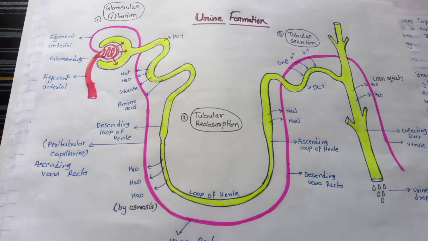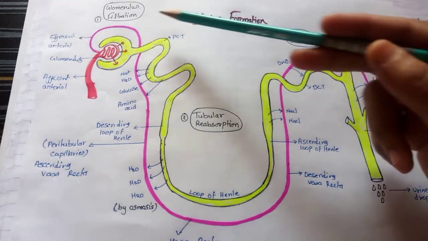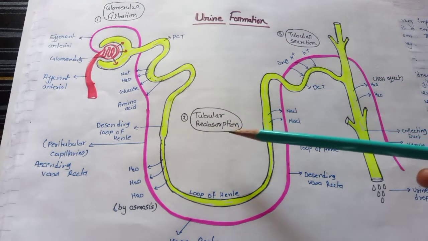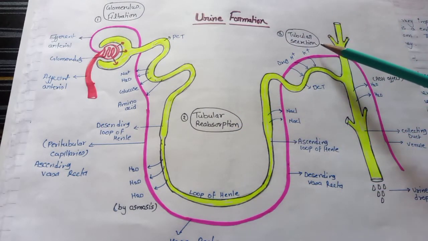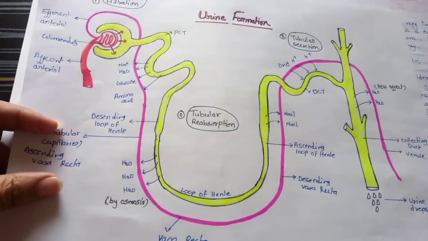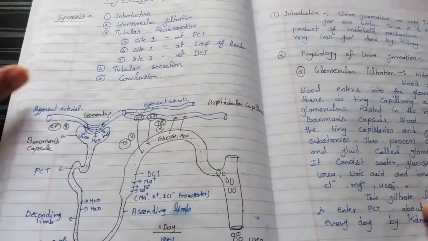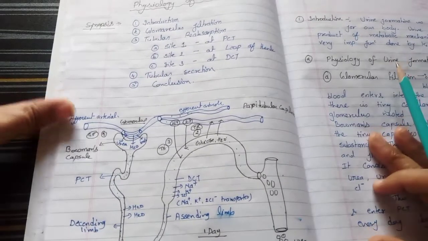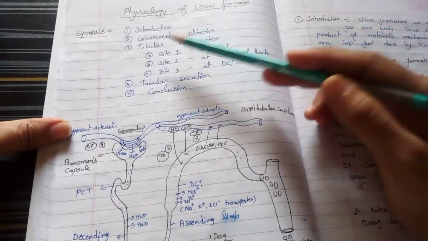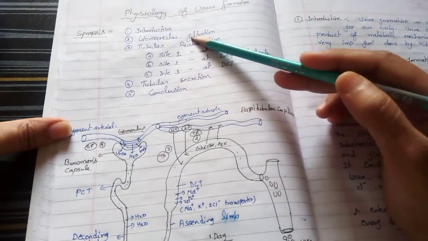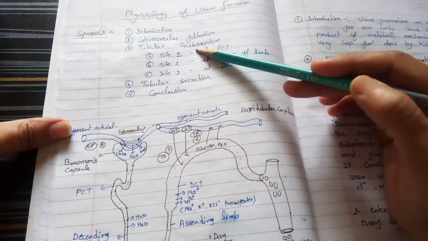The mechanism of urine formation occurs in three stages. First is glomerular filtration, second is tubular reabsorption, and third is tubular secretion. Here I wrote about the physiology of urine formation. First is the introduction, second is glomerular filtration, third is tubular reabsorption.